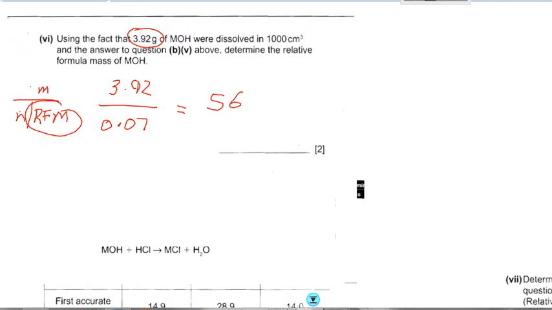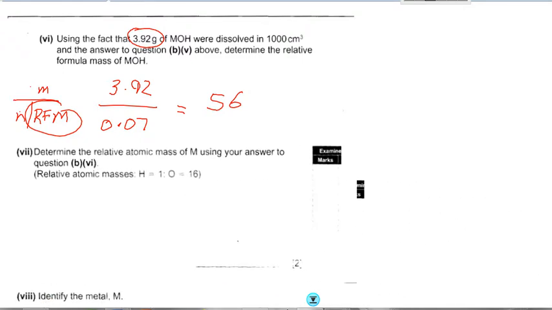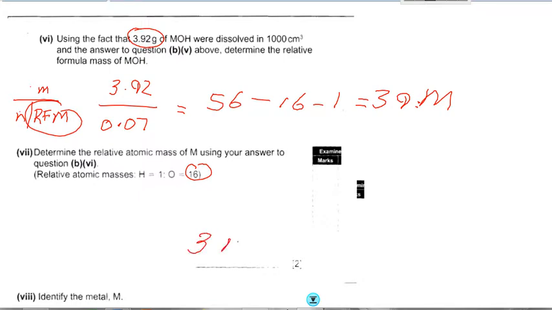Then if we take out part 7 here, we want to determine the relative atomic mass of just the metal M. So if 56 is MOH, well then if we take away the oxygen, which is 16, and we take away the hydrogen, which is 1, that leaves me with 39 equals M. Okay, so the M has an atomic mass of 39.